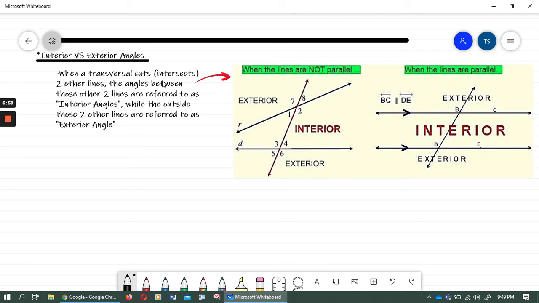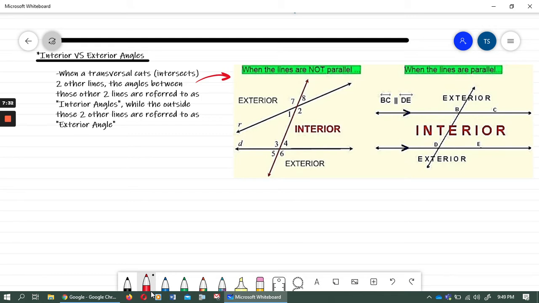So when a transversal cuts or intersects two other lines, the angles between those other two lines are referred to as interior angles.